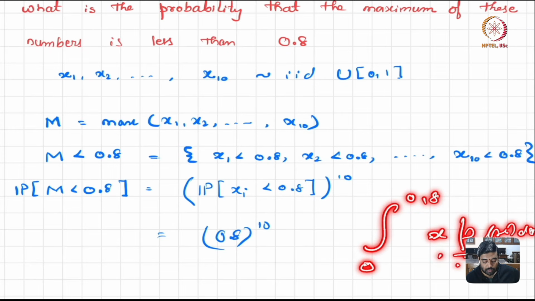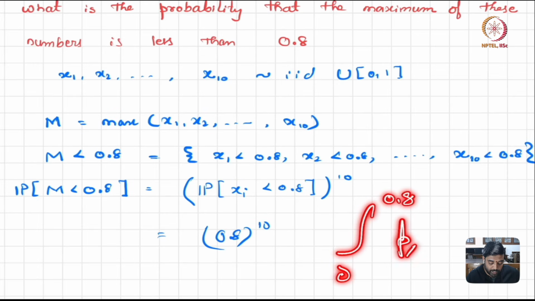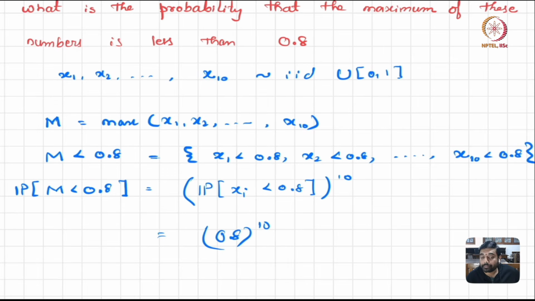Sorry, I confused it with expectation. This integral is 1, therefore you get 0.8. This is your distribution calculation. Sorry, I wrote expectations.